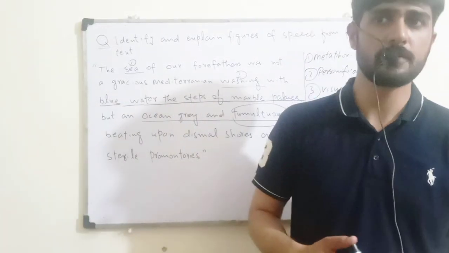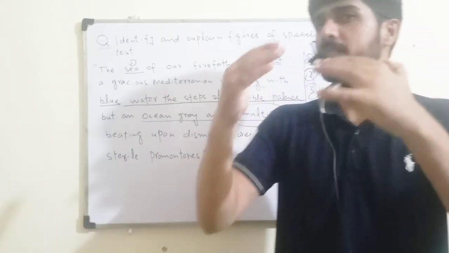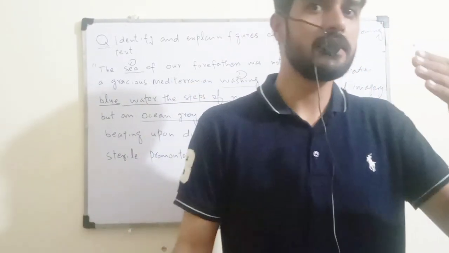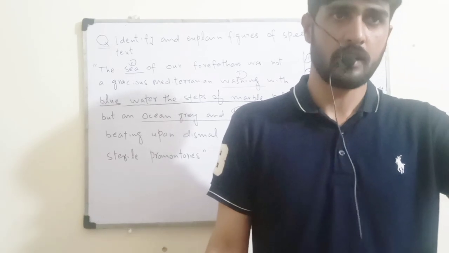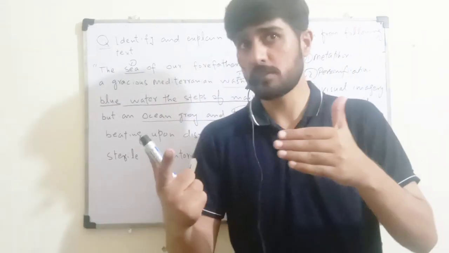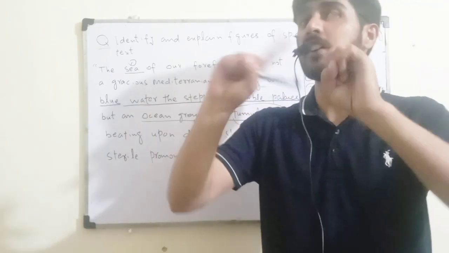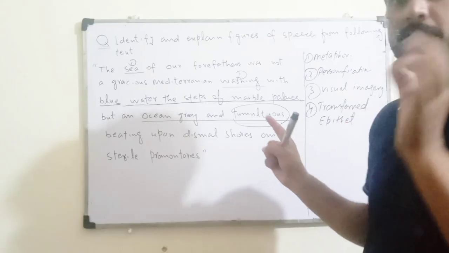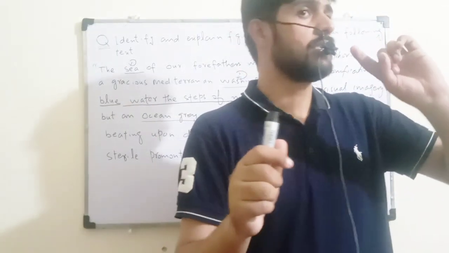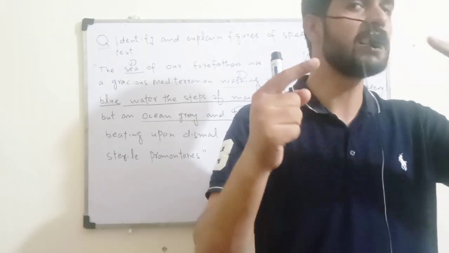Transferred epithet means transferring human characteristics like feelings, emotions, sentiments to non-human objects. Personification is only the comparison of human action, but transferred epithet means transferring human characteristics to non-human objects.